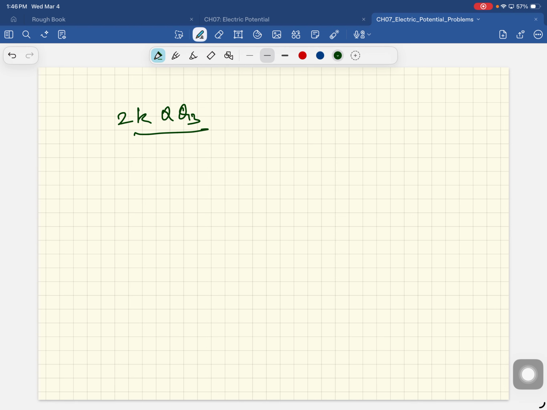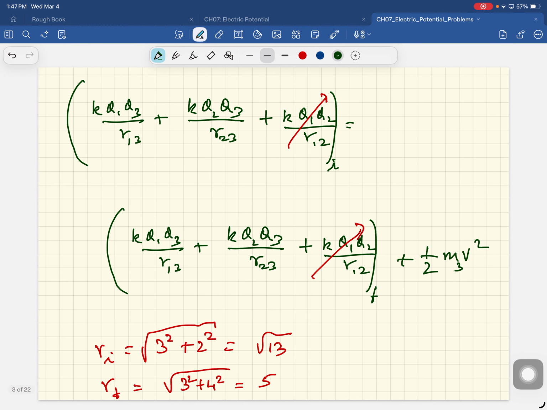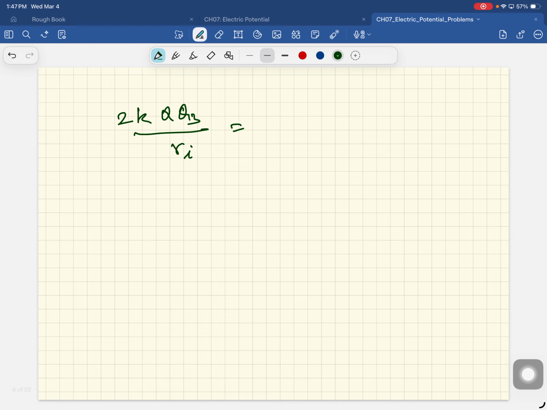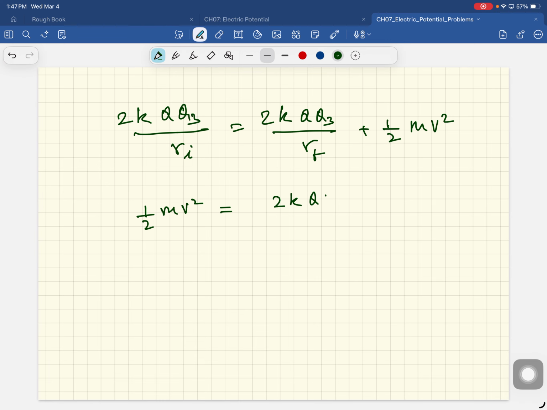Okay, hopefully I've done everything right. 10 to the power of 3 is kilometers, so 22 kilometers per second. 223 kilometers per second.